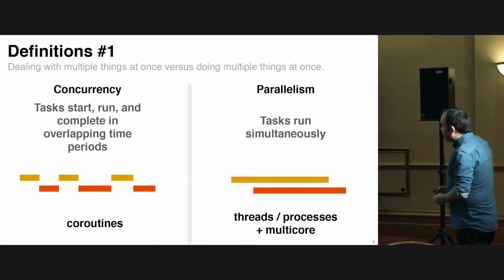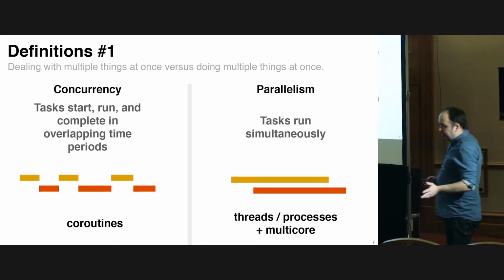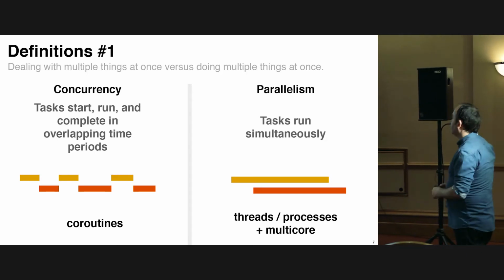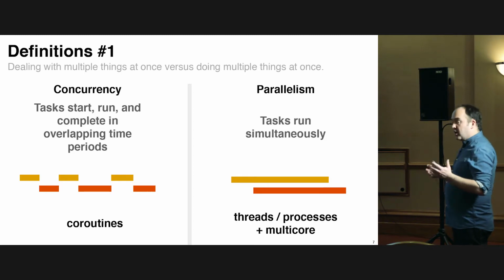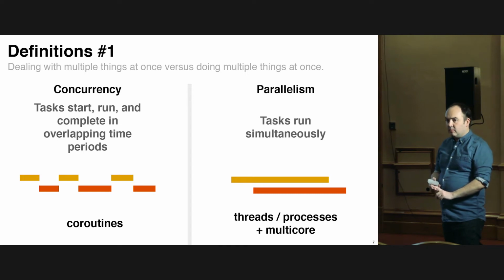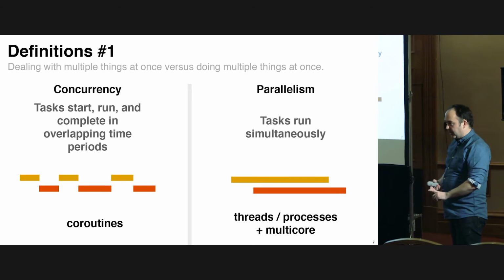So let's just establish a few definitions. In particular, I guess the most important one is the difference between concurrency and parallelism. I'm sure most people in the room are familiar with these ideas. But essentially, concurrency is about dealing with multiple things at the same time, whereas parallelism is about actually doing multiple things at the same time.